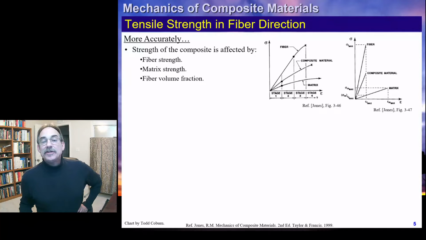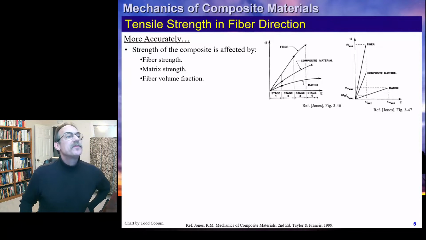We've got the matrix max strain, epsilon M max, which we're never going to reach, because both the matrix and the composite itself are going to fail when the fiber does.